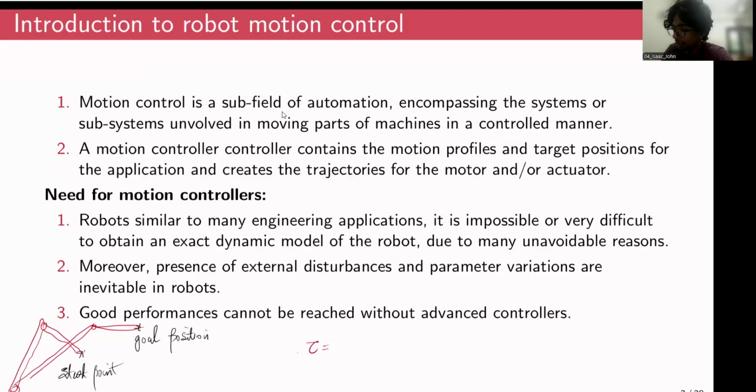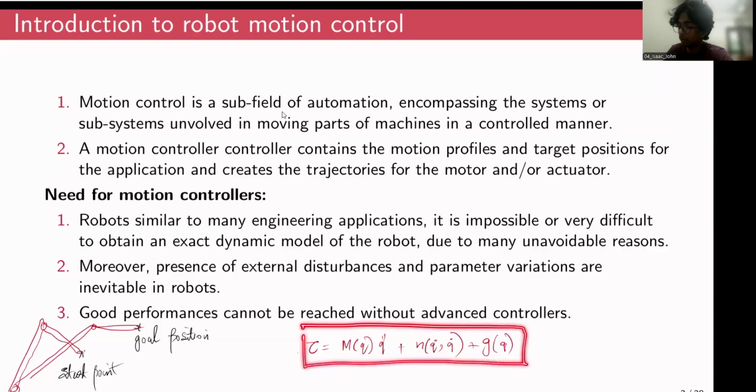Tau would be a mass matrix multiplied by an acceleration vector plus a vector of Coriolis and centrifugal effects. And if you consider the gravity, you can have a vector representing the gravitational forces acting on all the links. So this basically represents a very generic dynamic model. Over here, you have a mass matrix.